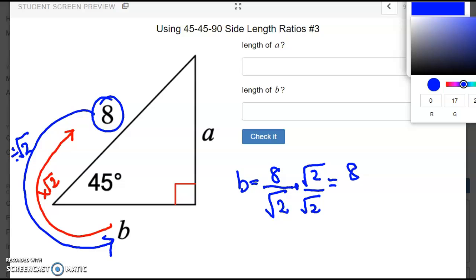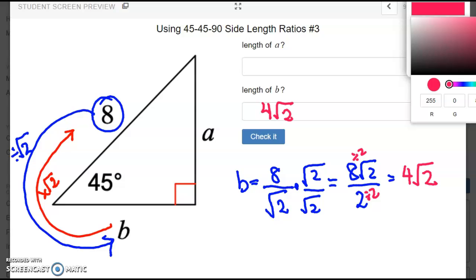That becomes 8 root 2 divided by square root of 2 times square root of 2, which is square root of 4, which is 2. So 8 is being multiplied by root 2 divided by 2. And so we can divide the numerator by 2 and the denominator by 2, and you're left with 4 root 2. So B is 4 root 2.